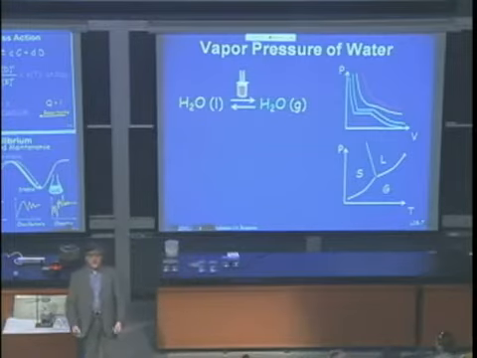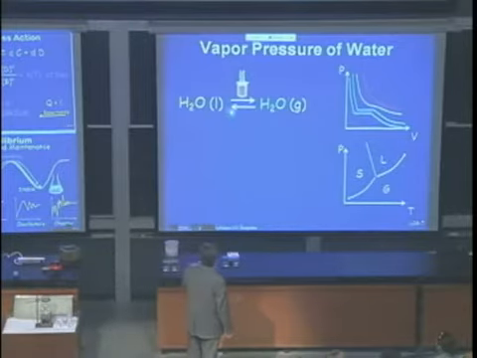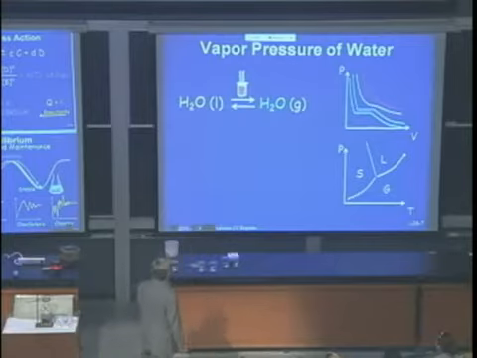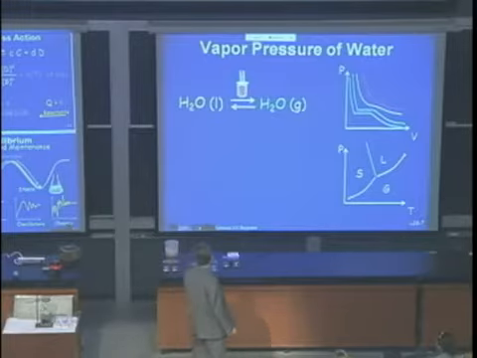We have water boiling. Water boils at 100 degrees Celsius, or 373.15 Kelvin, and the liquid is in equilibrium with the gas phase. So let's write the quotient.